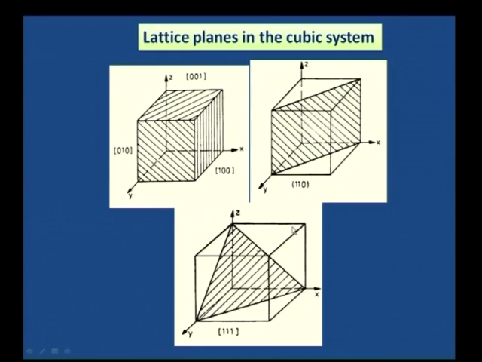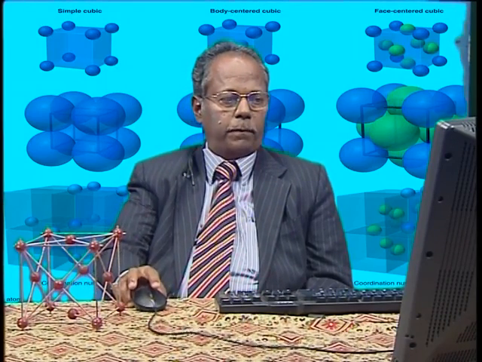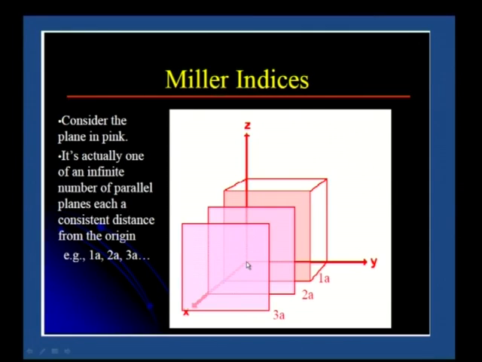Now, let us pass on to a family of planes, it is very important. You have a plane like this, and the origin is here. Let us focus our attention along the x axis. Now, you have a plane which makes an intersection at 1 times a, then you have another plane which makes an intersection at 2 times a along the x axis, then there is another plane which makes an intersection along the x axis at 3 times a.